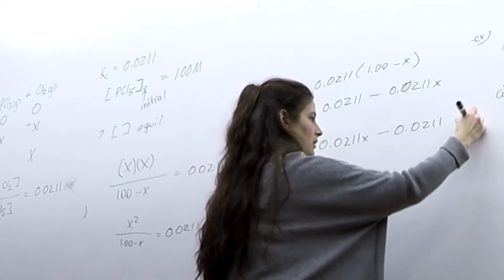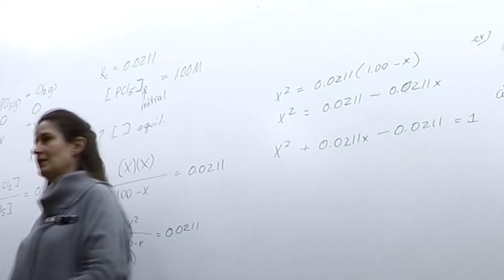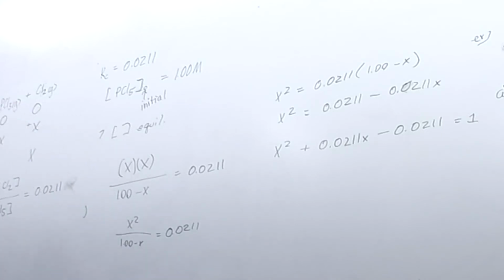equals 0. All right, I wanted to set the equation up that way because this is an equation for solving these types of equations. We're going to use a quadratic equation. Yes? Why is it equal to 0? Is it supposed to be 0?